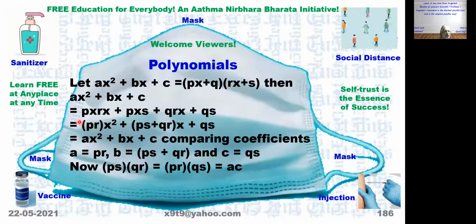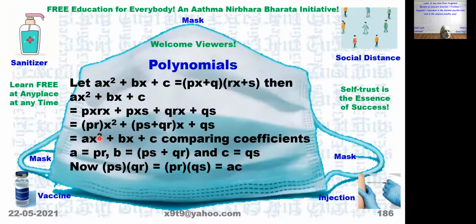Now x into x becomes x square, so we can write pr into x square. Here x you can take as common factor, you will get (ps plus qr) into x, and qs will be there. So this one is in standard form ax square plus bx plus c.